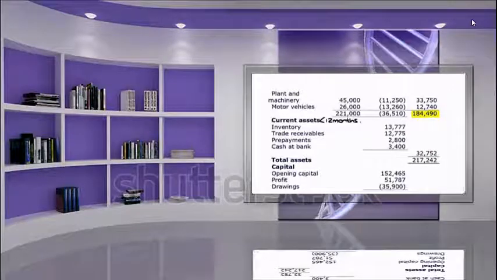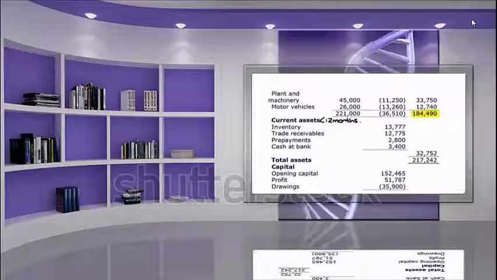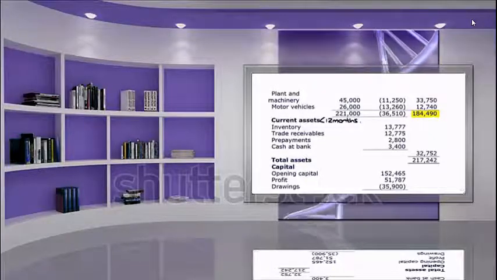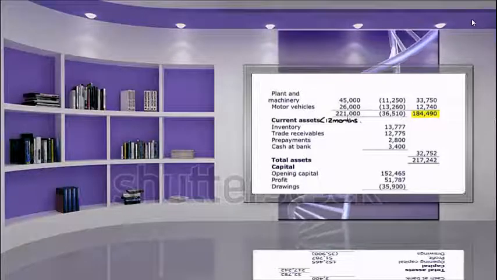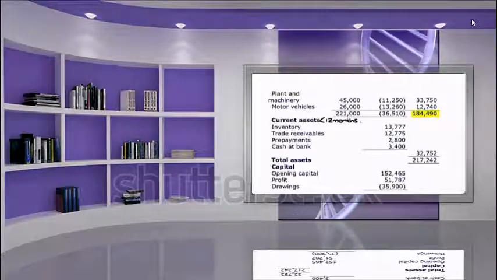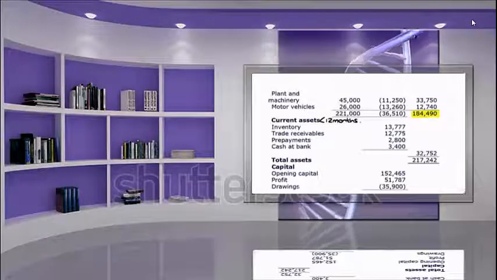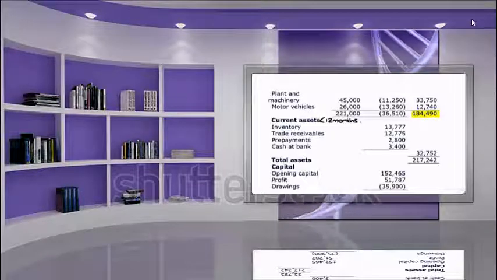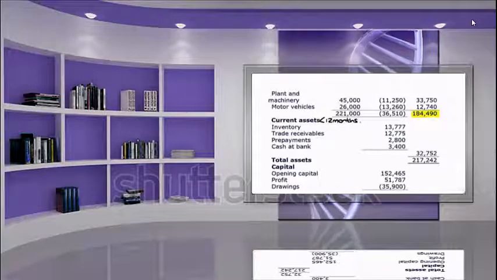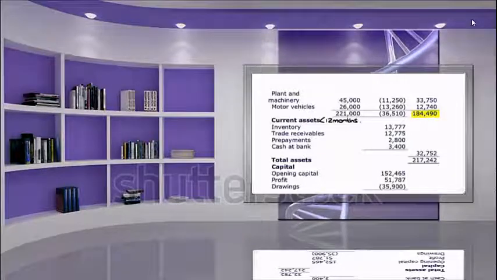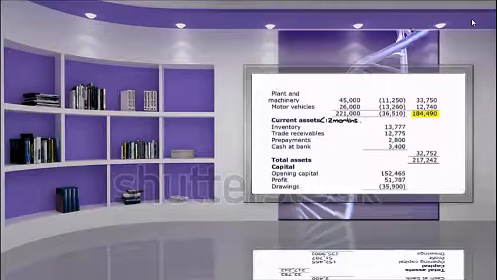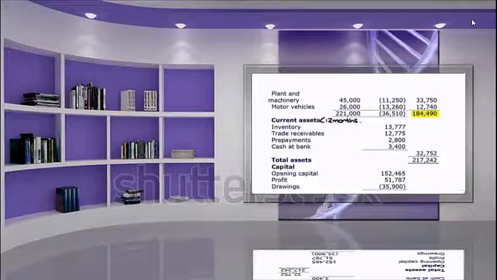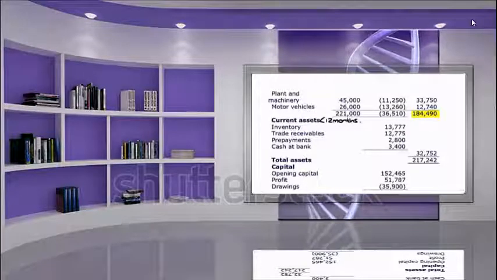Now, with your short-term assets then, we do have some typical or some usual suspects. Our first one is inventory. And inventory is our stock in our warehouse at the year-end date. Now, if it's at the year-end, that must mean that that is our closing inventory.